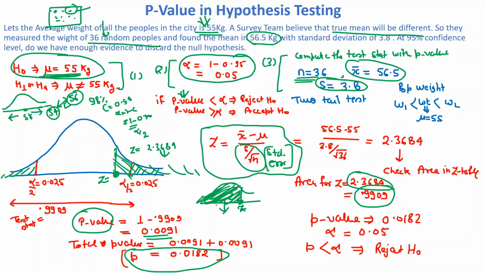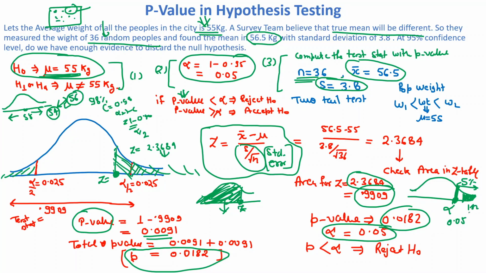And what is the value of alpha? Alpha is 0.05 and the p value we are getting is 0.018. Let's say this is your alpha, 0.05, which is a total of 5%, but the p value region is only 1.82%.